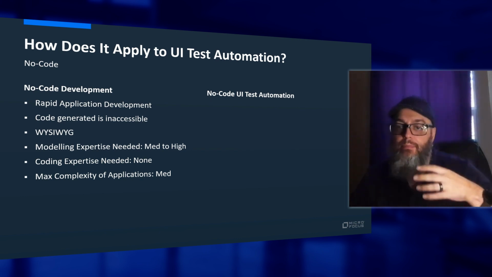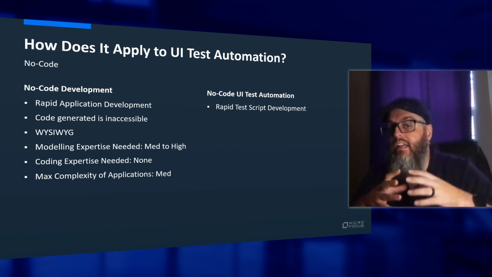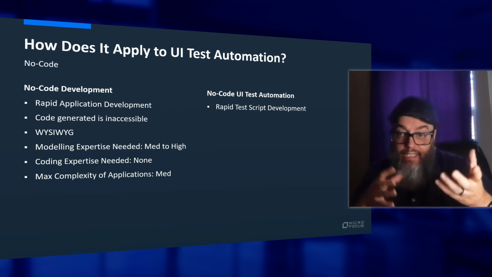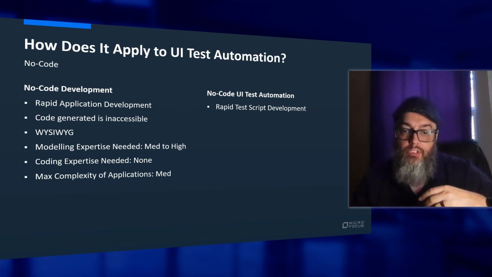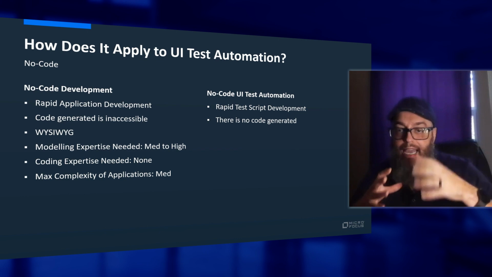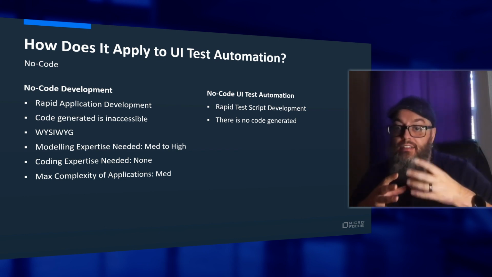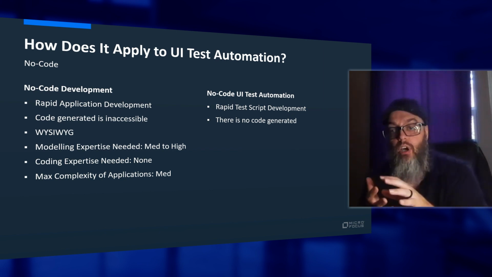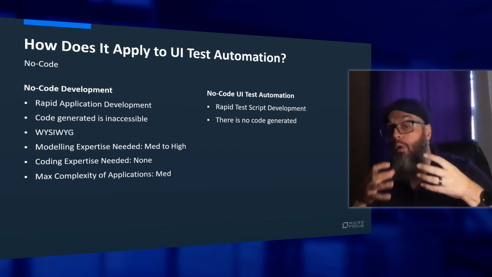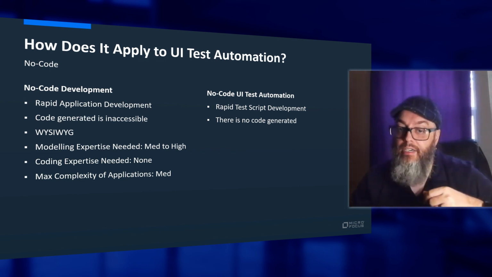First, the concept of RAD can be applied as rapid test script development, just like it can in a low-code comparison. It speeds up the time it takes to create tests as opposed to fully coded solutions. And while typically the application development no-code solution still generates and then delivers compiled code to allow for fast-performing objects, in the UI test automation no-code environment, there should be no code generated at all.